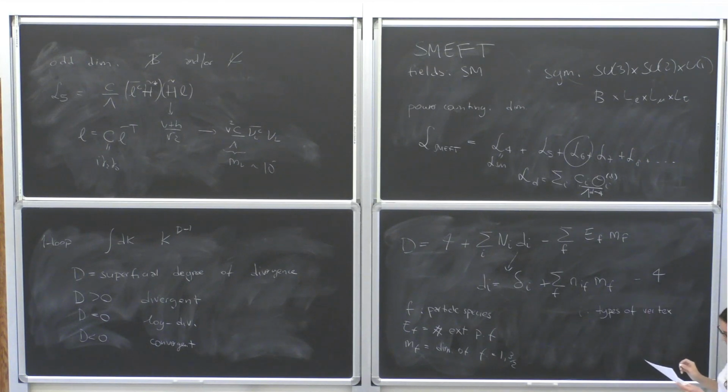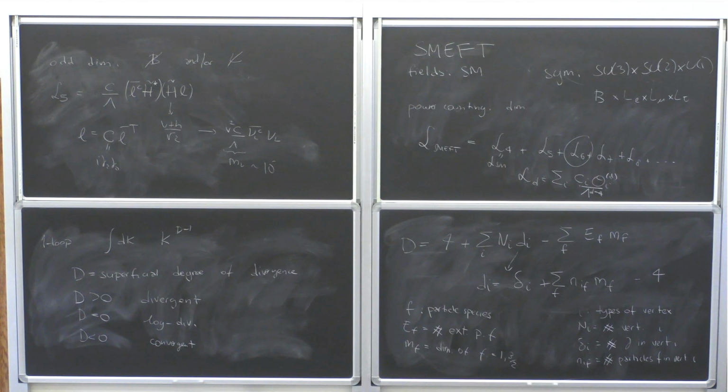Now we're going to do an example so it becomes clearer, hopefully. Then N_I is the number of vertices in the diagram that are of type I. The little delta_I is the number of derivatives, or equivalently momentum powers, that you have in the vertex I. And the little n_IF is the number of particles F in the vertex I.